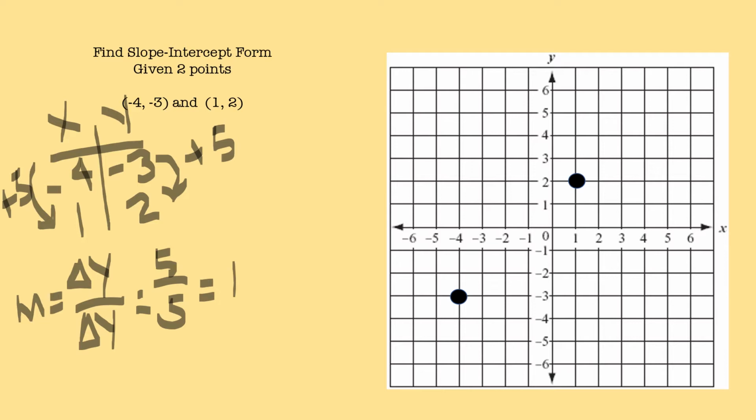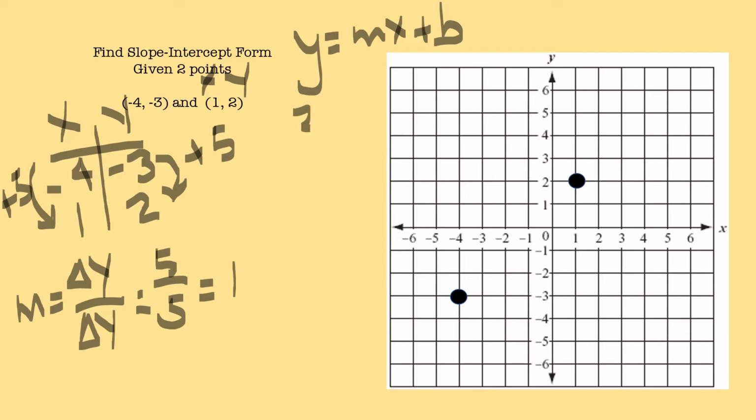Now you could find out algebraically what y equals mx plus b, because we still don't know what the b is. And we know the m, and we have 2 x's and y's. I'm going to use the smaller one just because it makes it easier.